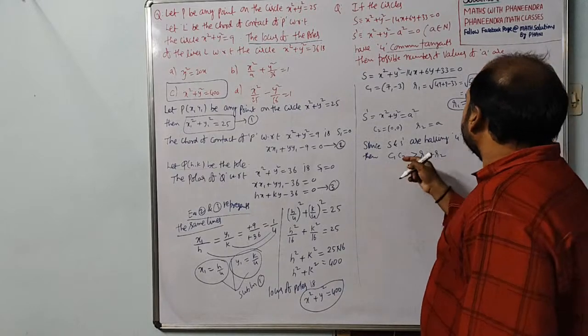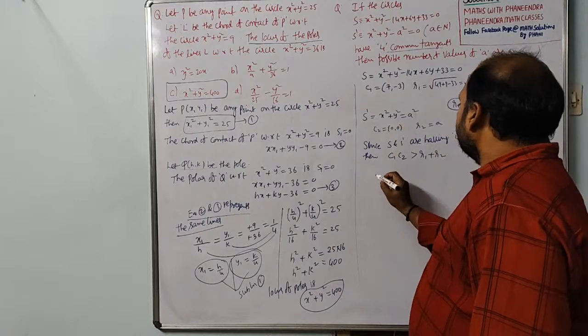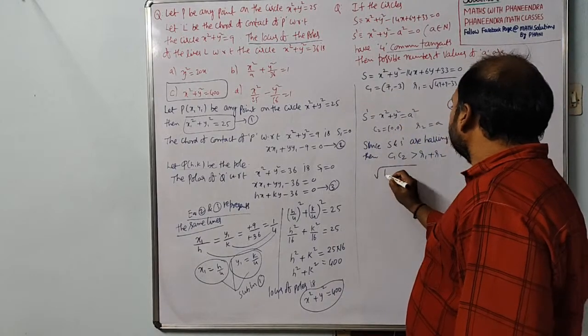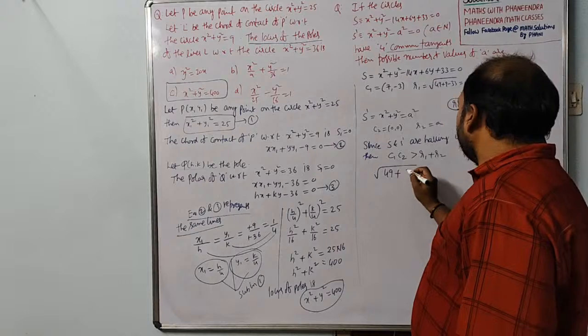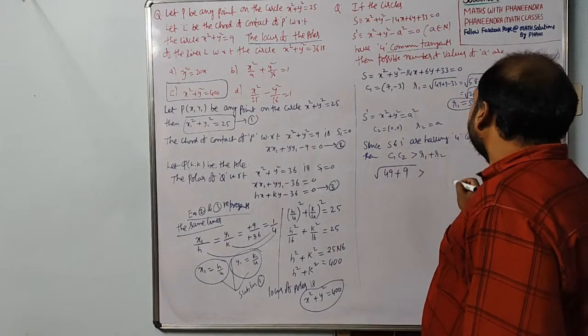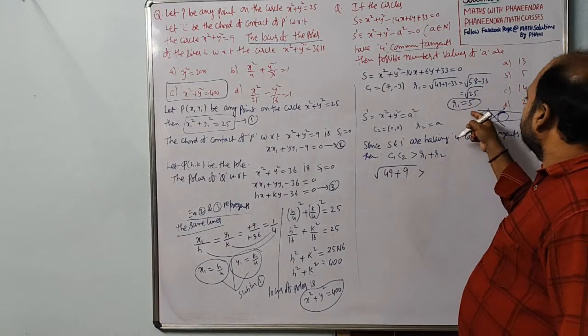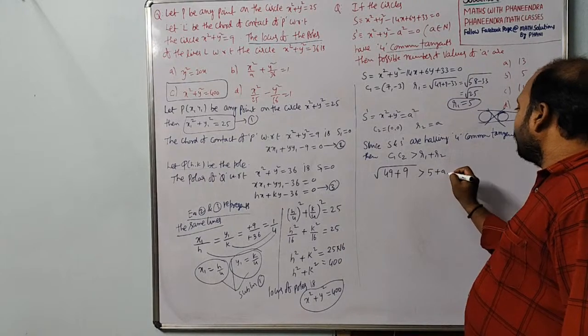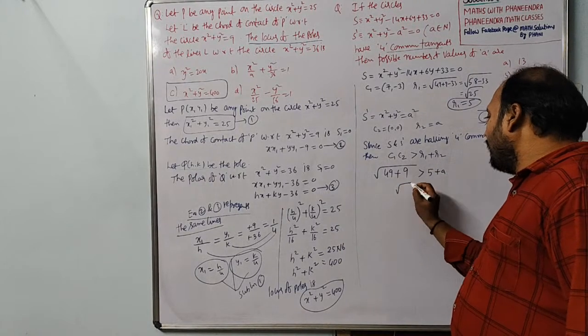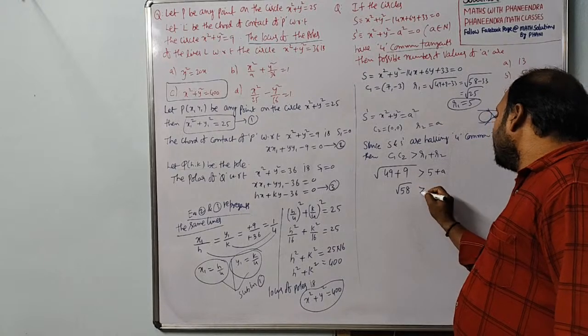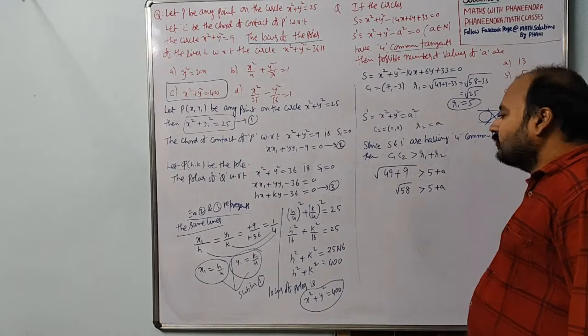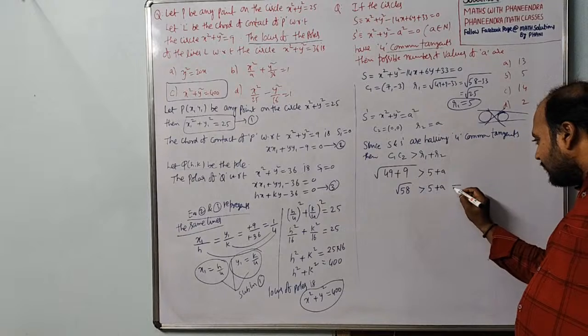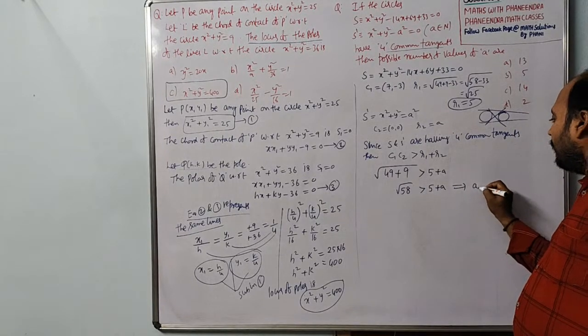C1C2, the distance between these 2 points, is root over 7 minus 0 whole square plus 3 minus 0 whole square, which is root 58. This is greater than R1 plus R2, so 5 plus a. So root 58 is greater than a plus 5.